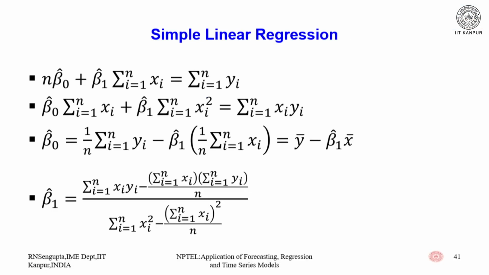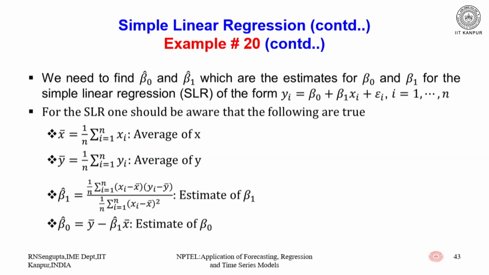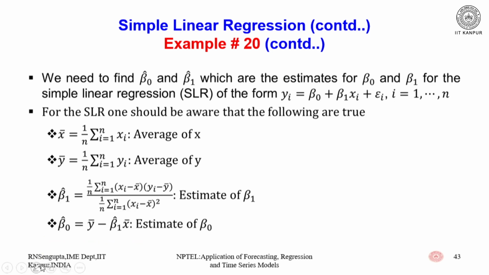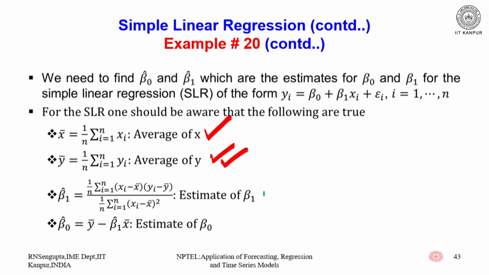Now I have solved it, this is the problem which we are solving. You find out the value of x bar, which is sum of x divided by n. So you have x bar, I am putting 1 tick mark. You find out y bar, I am putting 2 tick marks, and based on that you find out first beta 1 hat, where I am putting a green 1 tick mark, then you find out beta naught hat, where I am putting 2 tick marks.